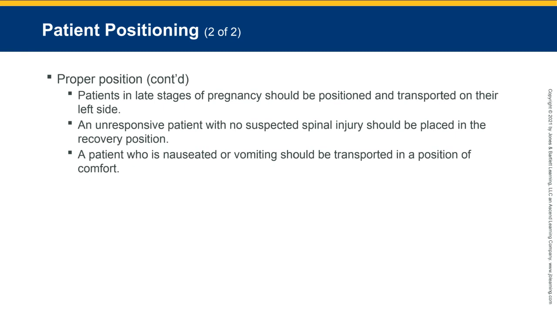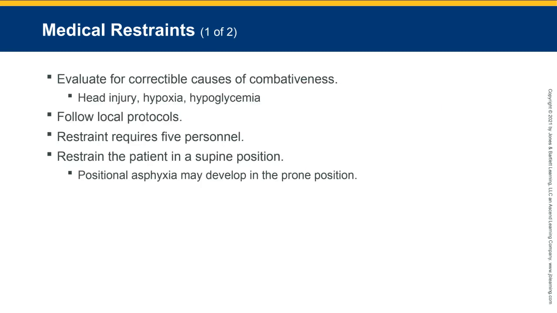An unresponsive patient with no suspected spinal injury should be placed in the recovery position once they have visible chest rise. A patient who is nauseated or vomiting should be transported in a position of comfort. Very important information.